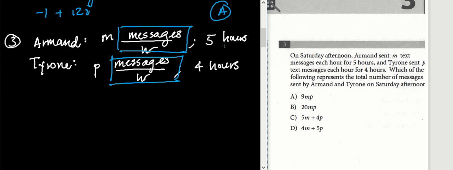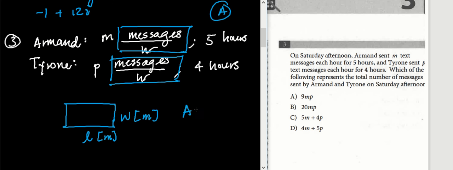This is actually something you've seen before. Maybe you haven't thought about it this way, but think about a rectangle, for example. A rectangle has dimensions of length and width, and let's say the units of these dimensions are meters. When we're asked to find the area of this rectangle, we know that the area is going to be the product of the length and the width. But the units of the area are going to be meters squared.